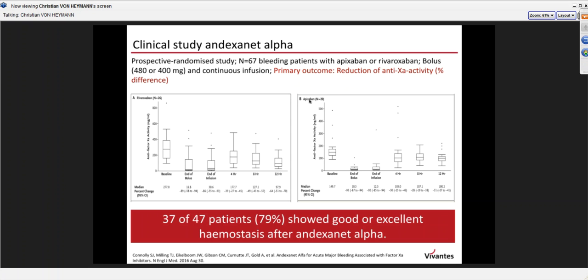I would recommend giving tranexamic acid more as an adjunct to the stabilization of the clot rather than to expect a more direct effect on the anticoagulant. But yeah, that would be my expert opinion. There is no better evidence-based data on the efficacy of tranexamic acid in these situations.